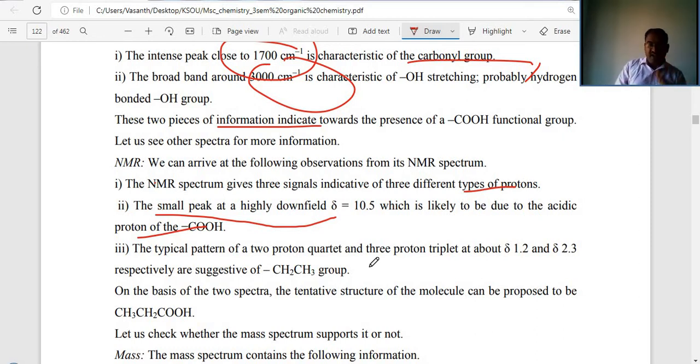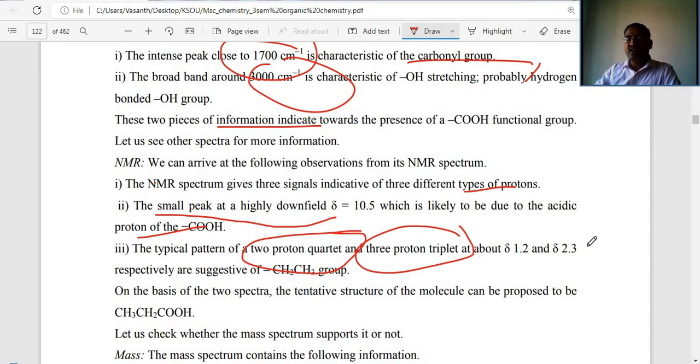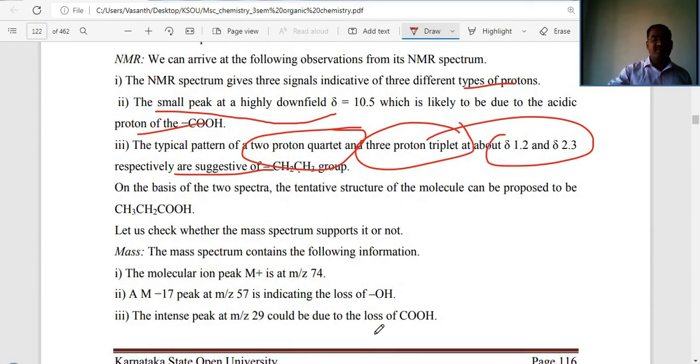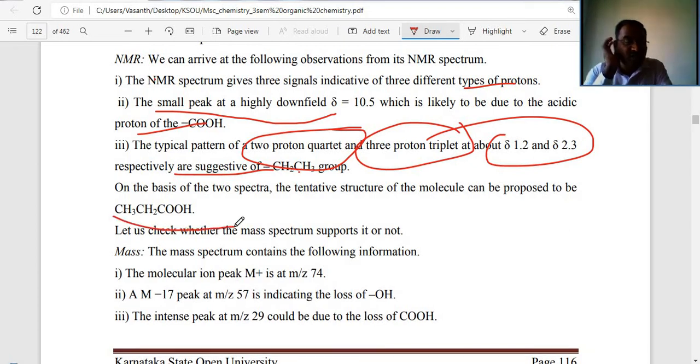The typical pattern of a two-proton quartet and a three-proton triplet at about 2.3 and 1.2 chemical shift respectively suggests a CH2 and CH3 group. On the basis of the spectra, the tentative structure of the molecule can be proposed to be CH3CH2COOH.